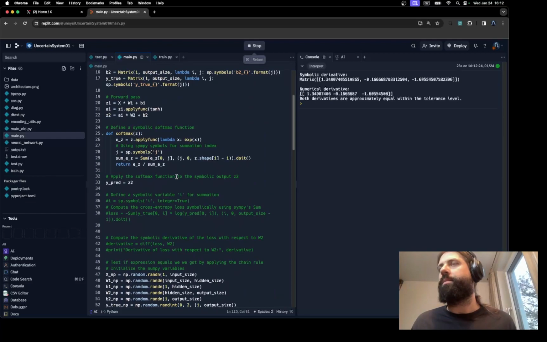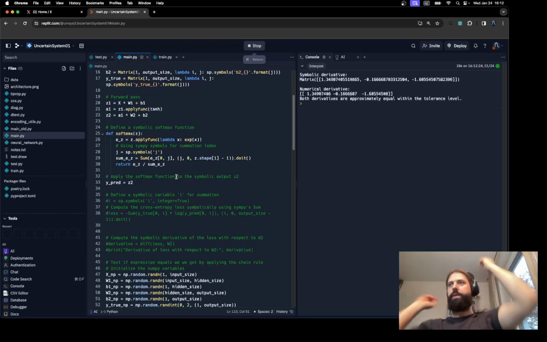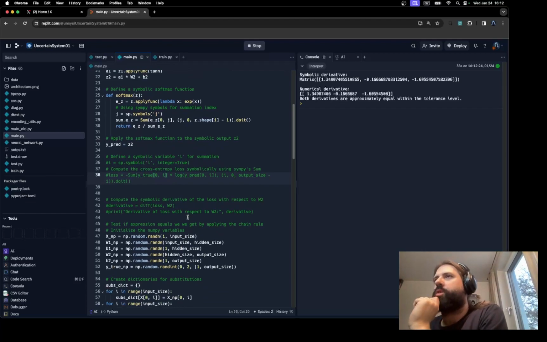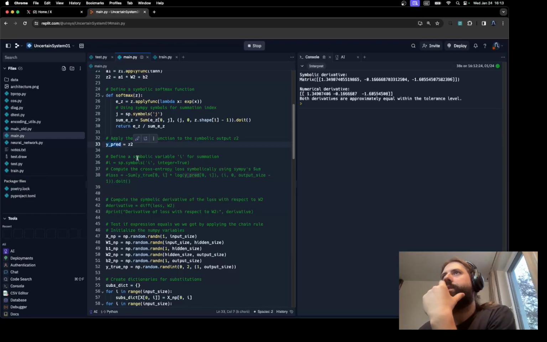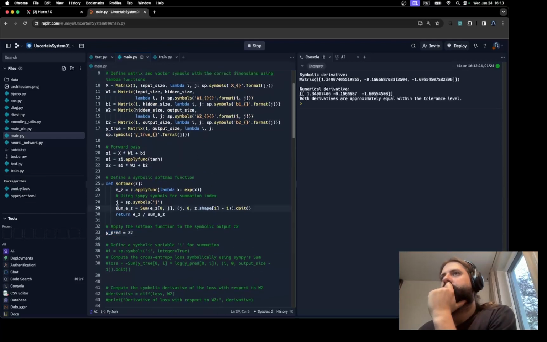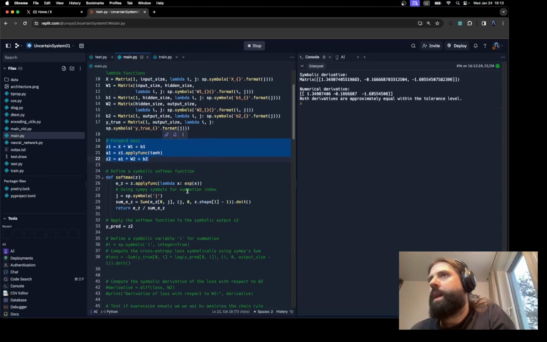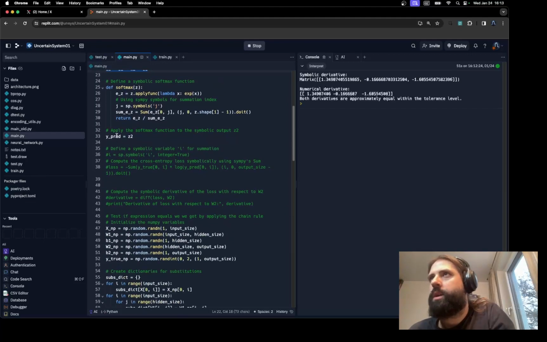Now this is where it gets tricky, right? We have the loss function, and this is where we might be getting lost. At least y pred is z2. At least that part, the forward pass, is okay. So we know the forward pass is okay. Now what I need to do is, let's just leave softmax aside.